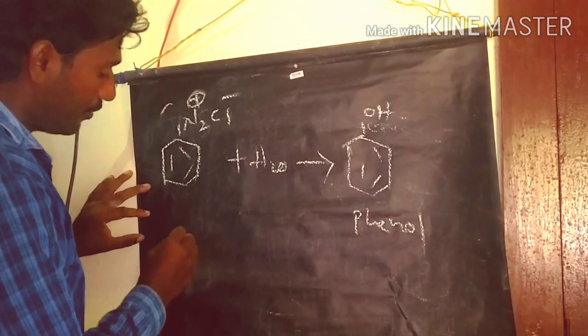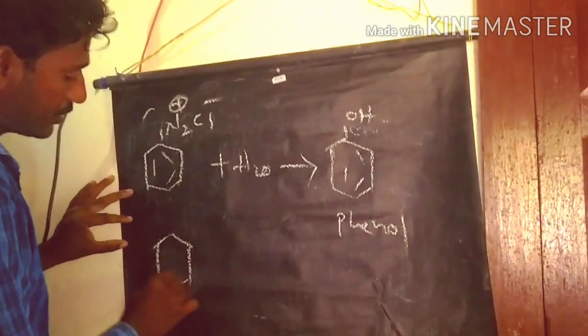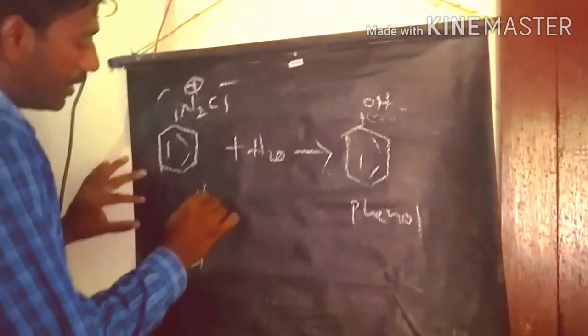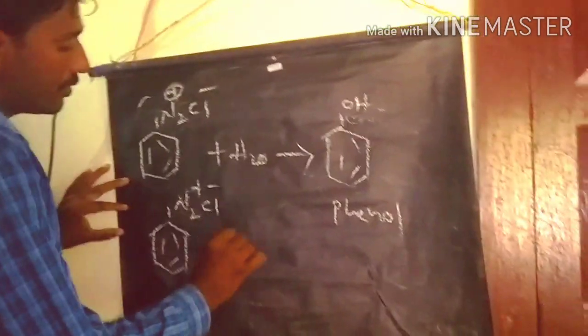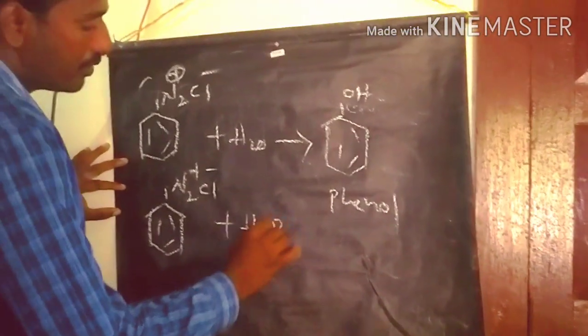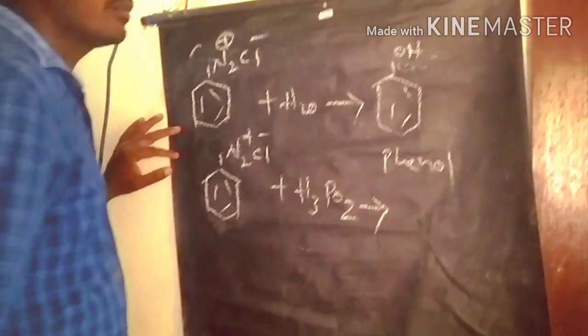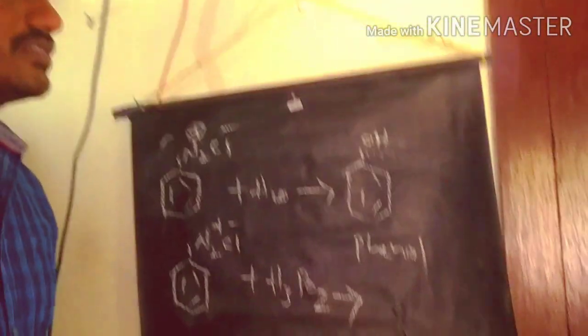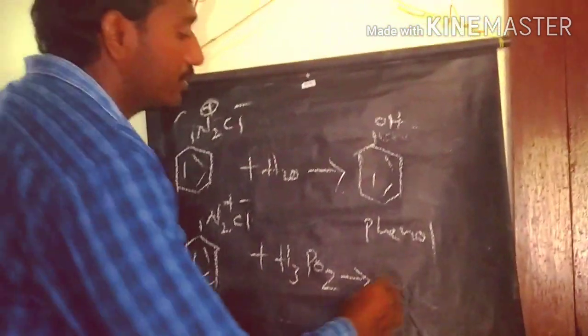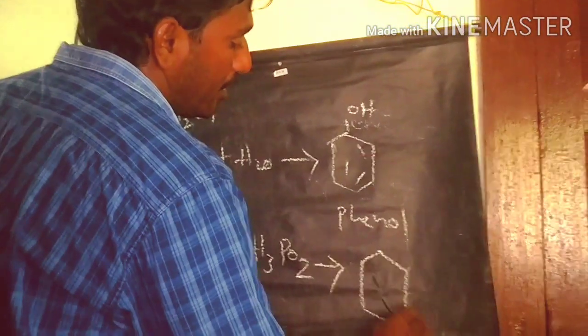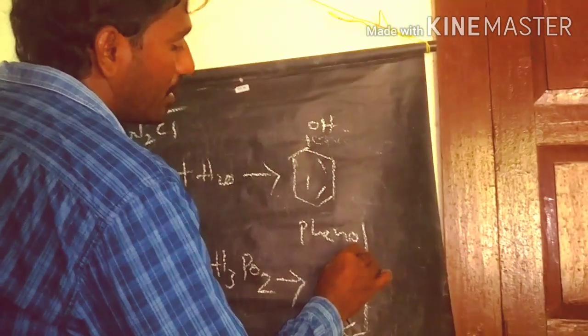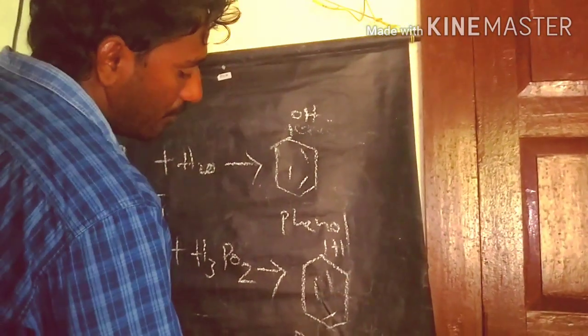Let's see what is happening in the second reaction. The aryl diazonium salt reacts with hypophosphorous acid, and a reduction reaction takes place. In this case we get benzene as the product.